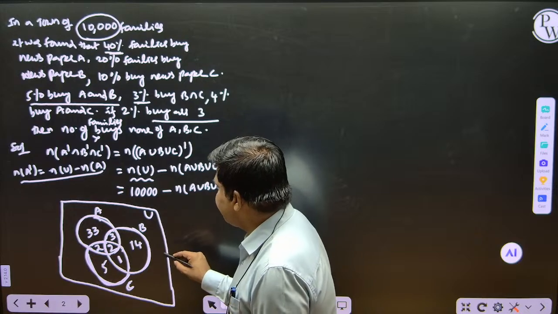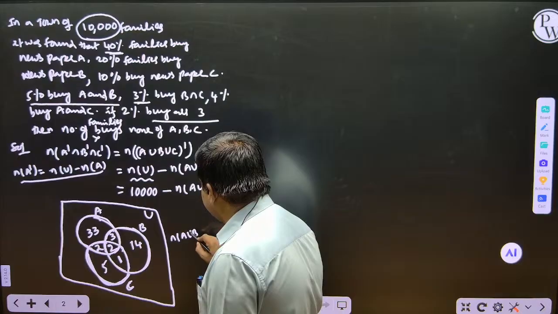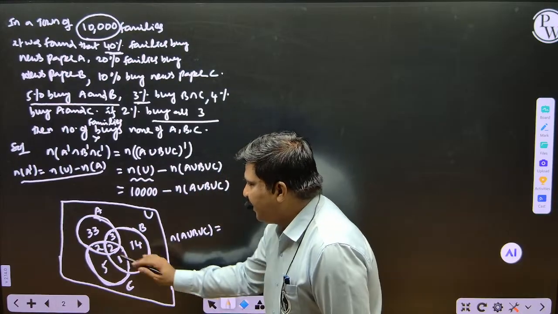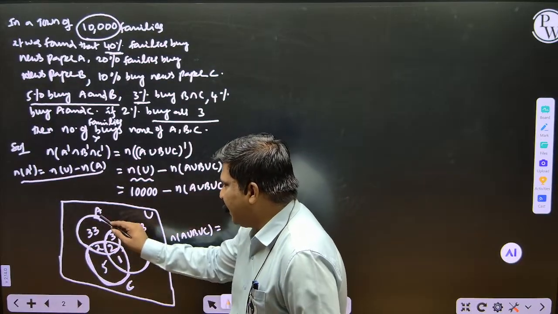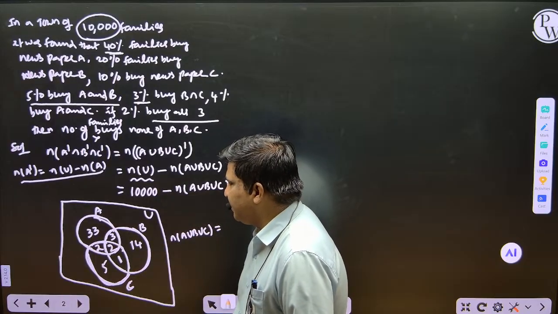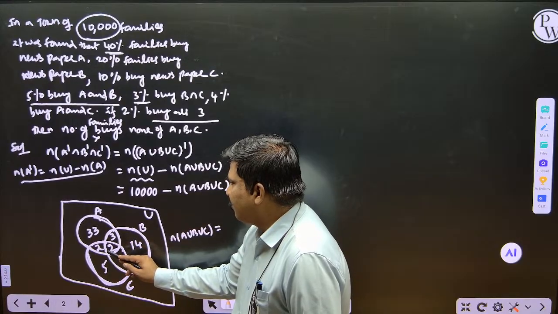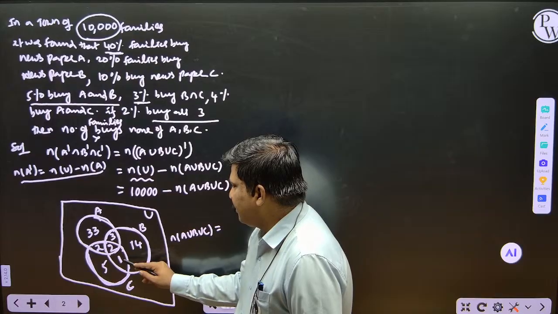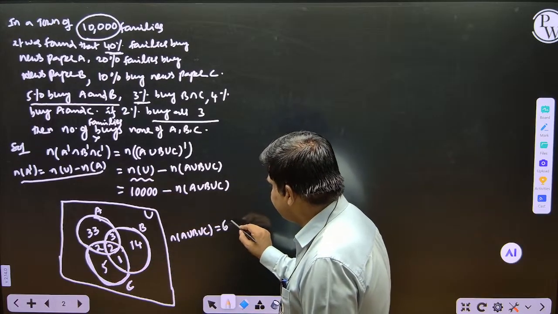So look here: N of A union B union C is how much percentage? Add all of these, which gives A union B union C: 33, 3 is 36, 4 is 40, 14 is 54, 1 is 55, 5 is 60. So 60%.